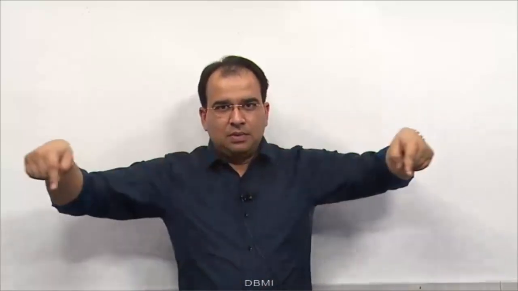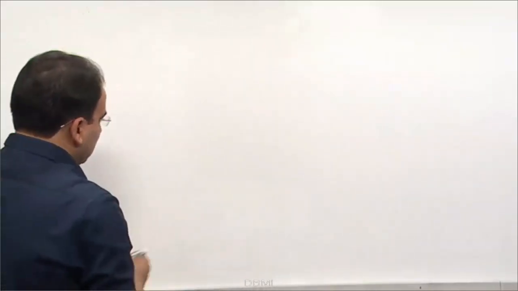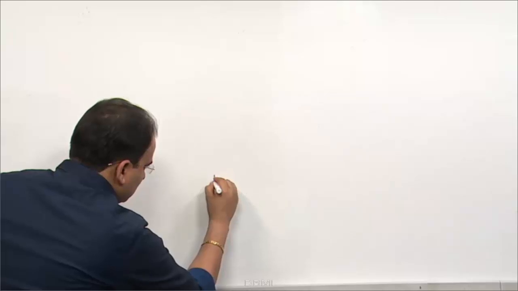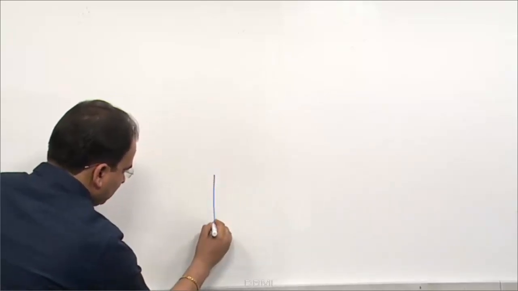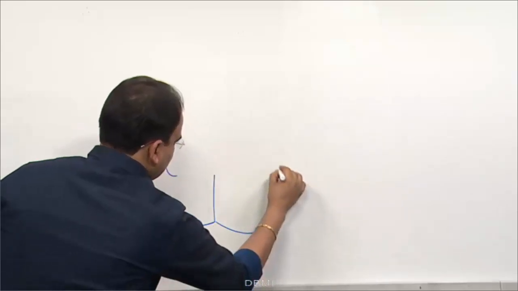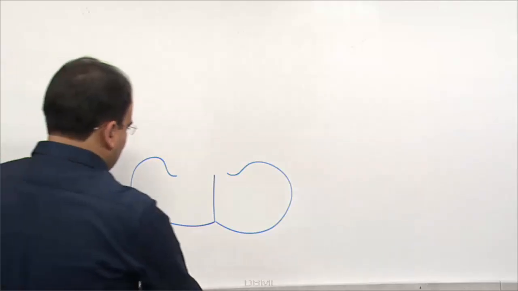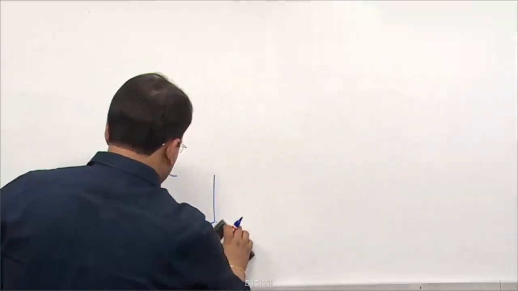Straight, transverse, sigmoid. So if you take a transverse section, make sure when you do this, start it from the bottom of your page. So we have this straight sinus, transverse and sigmoid. Just schematically, this is transverse and sigmoid.